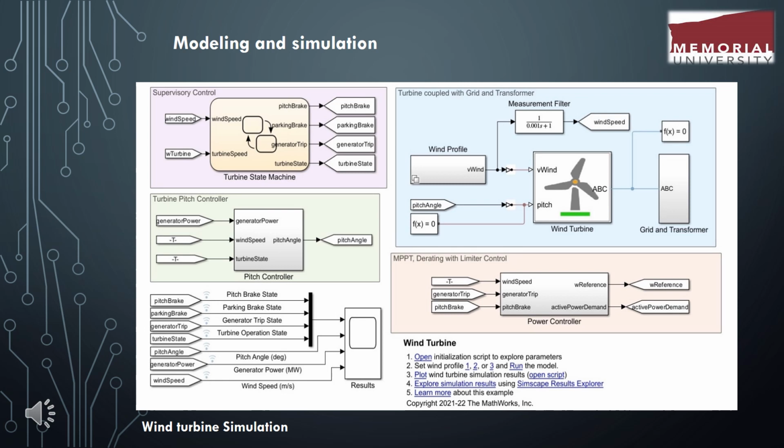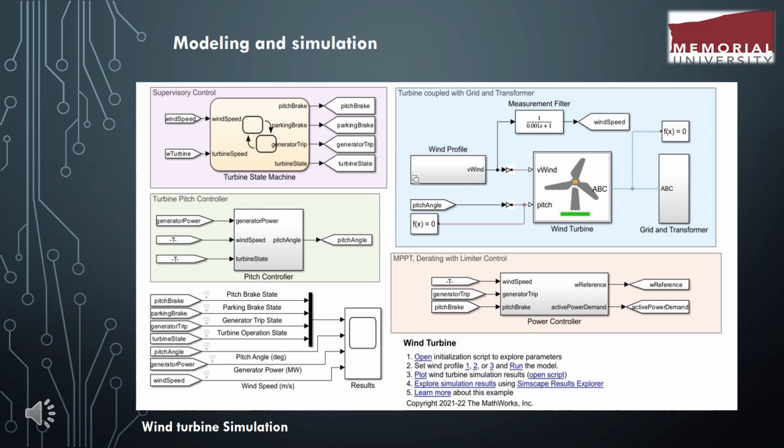And we have a turbine pitch controller as well, and the most necessary inputs for the pitch controller are wind speed and generator power. And we can, for example, use it for pitch angle as well.